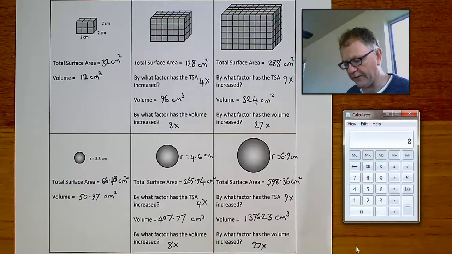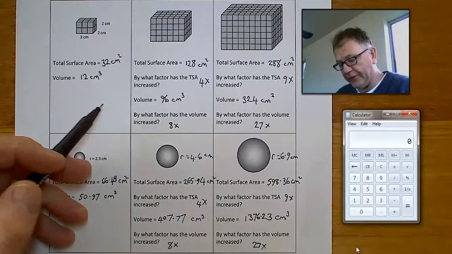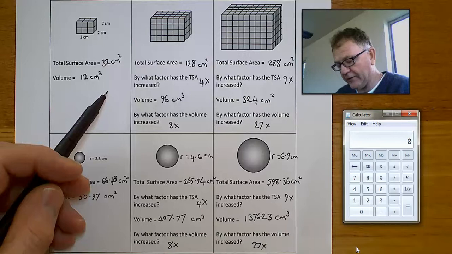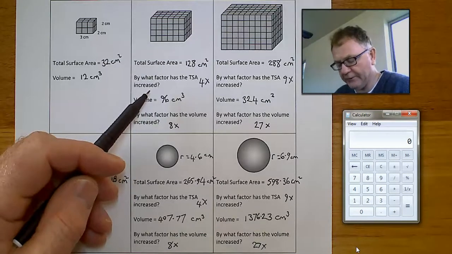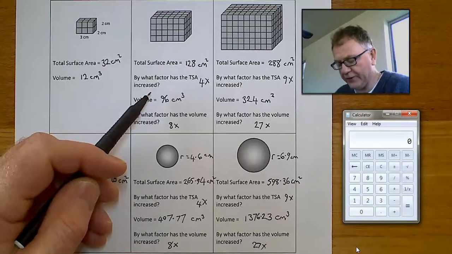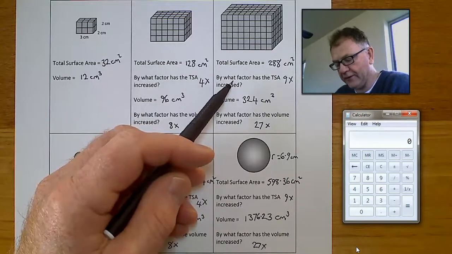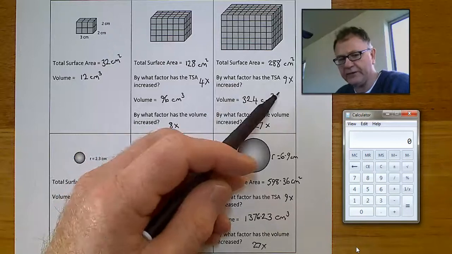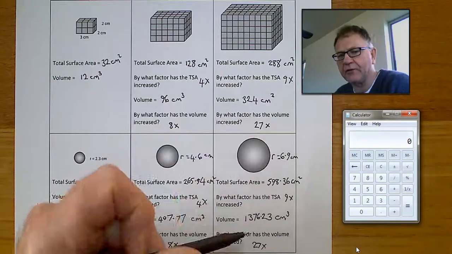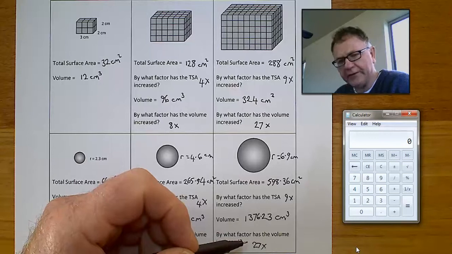Okay, this is what I found. I found that the surface area increased when I doubled the dimensions of the shape. The surface area increased by 4 times. If I tripled the dimensions of the shape, the surface area increased by 9 times. Once again, we've got the same thing as with the plane figures.